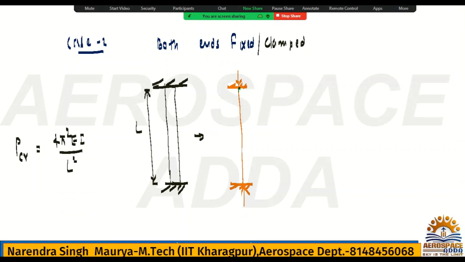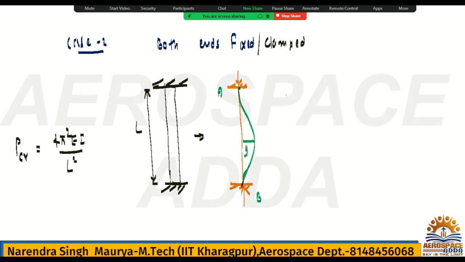So this deflection will be like this. Means we do not have any slope because it's a fixed end. Just say this is A, this is B. I will write the condition, but now just say this is the deflection Y.